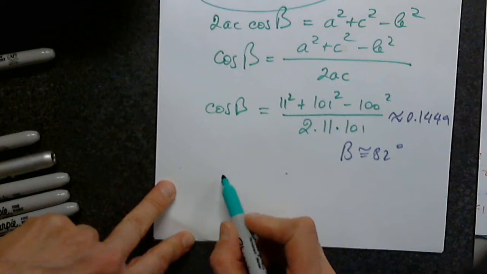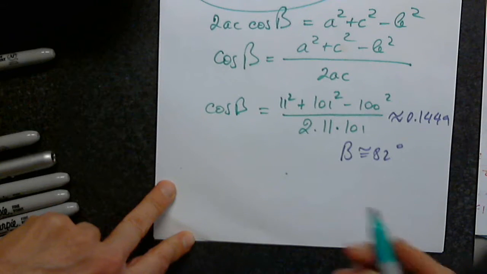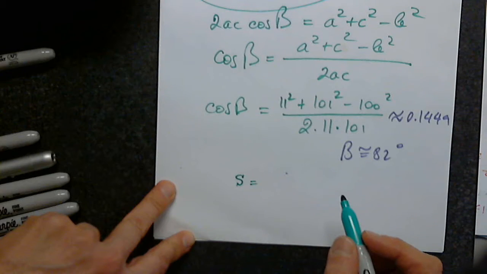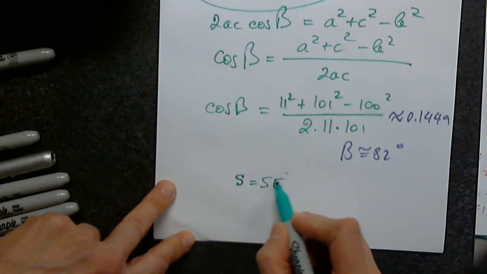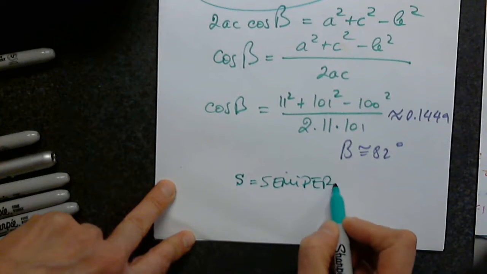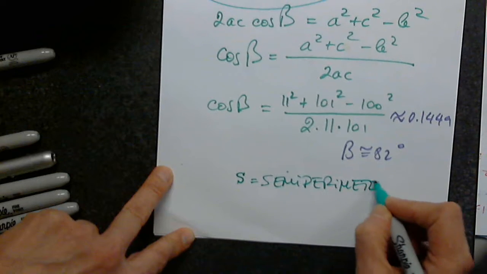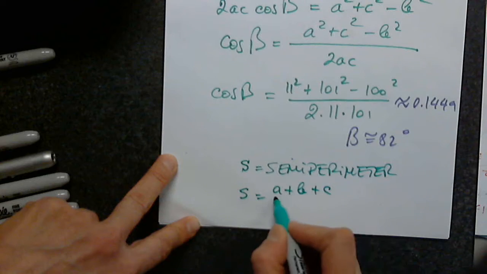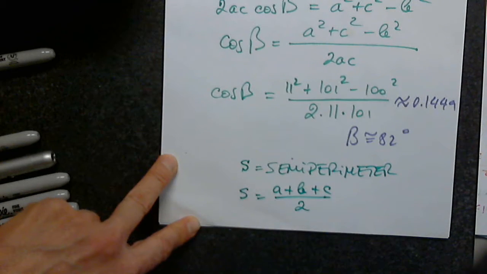Okay, so we are given three sides. We are determining the lowercase s, which is the semi-perimeter, which equals a plus b plus c divided by 2.